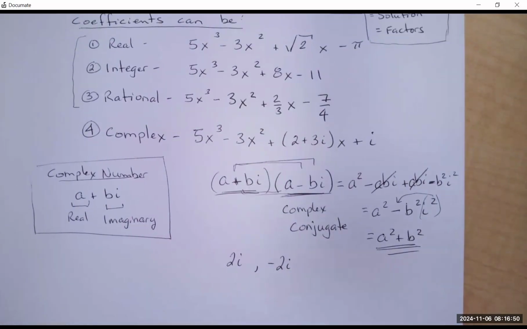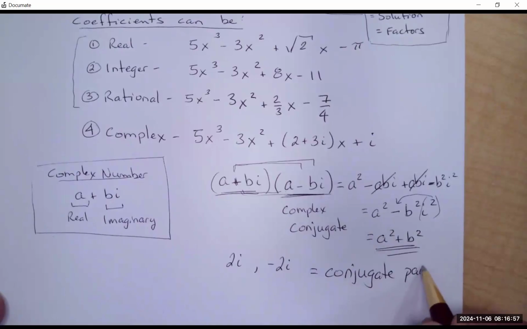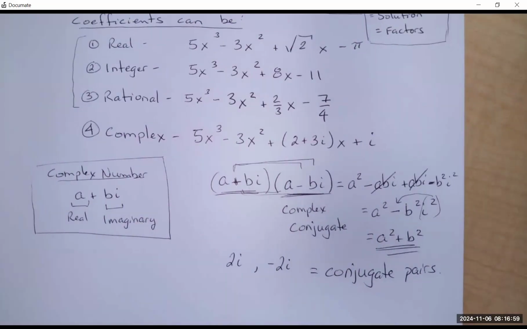These are called conjugate pairs. So whenever you solve your equations, your intercepts, whenever you have one imaginary number, there has to be the equal complex conjugate to it. So they have to happen in pairs.